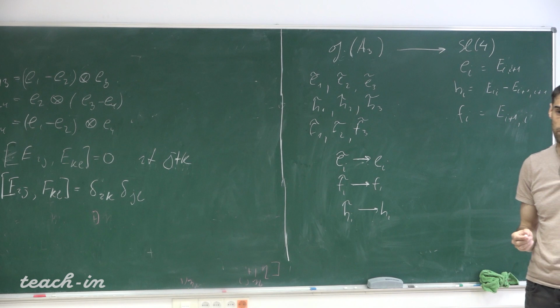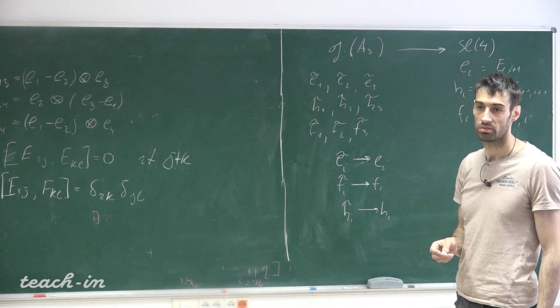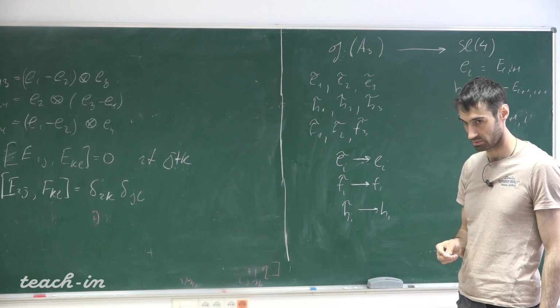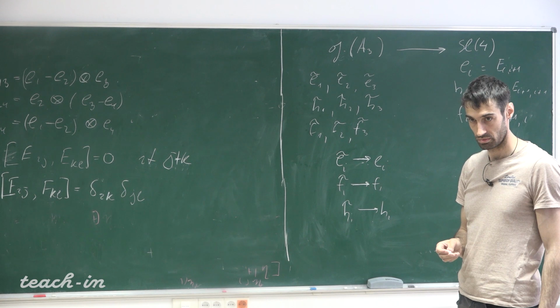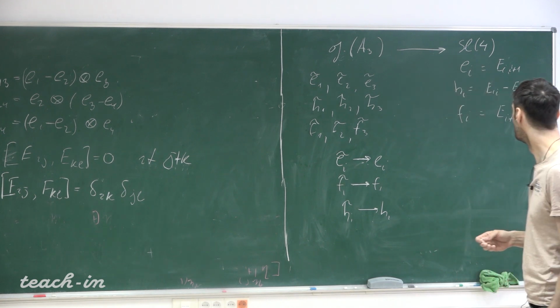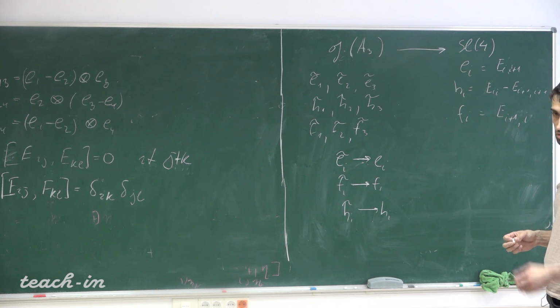Yes. So to do the dimensions, is it like just saying the total number of roots in A3 is the same as the number of, what is the word, generators in SL4? Because in SL4 we will have 9 total, like 3E, 3F, 3H. Yes.